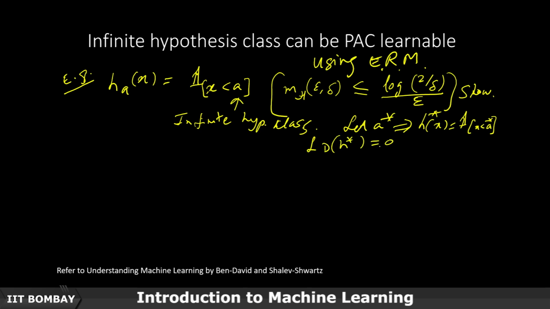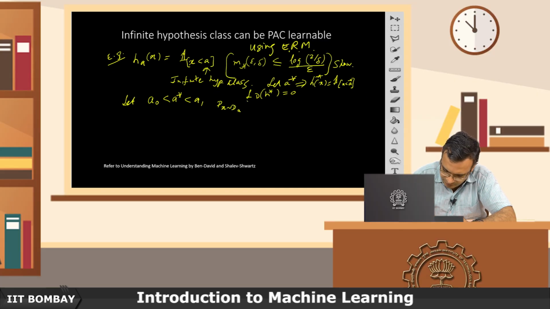Now let there be an interval a0 less than a star less than a1, such that on both sides of a star the probability of drawing a sample is epsilon. The probability that x is drawn from D marginal x belonging to a0 to a star is equal to the probability of x belonging to a star to a1, and both of these are epsilon.